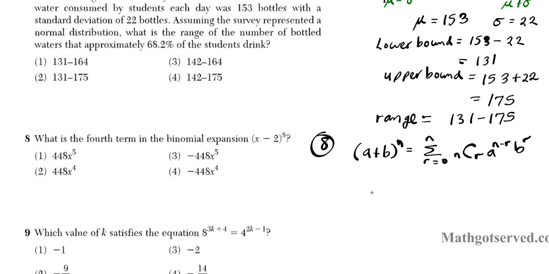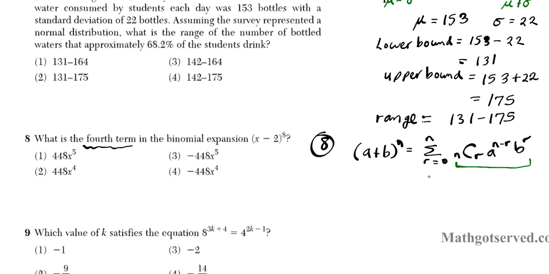So this is your binomial theorem, the expansion of binomials. Now, when you're looking for just one term, all you focus on is this piece of the binomial theorem. Forget about the sigma. Sigma adds up all the individual terms, but we're looking for one term. We want to generate the fourth term.